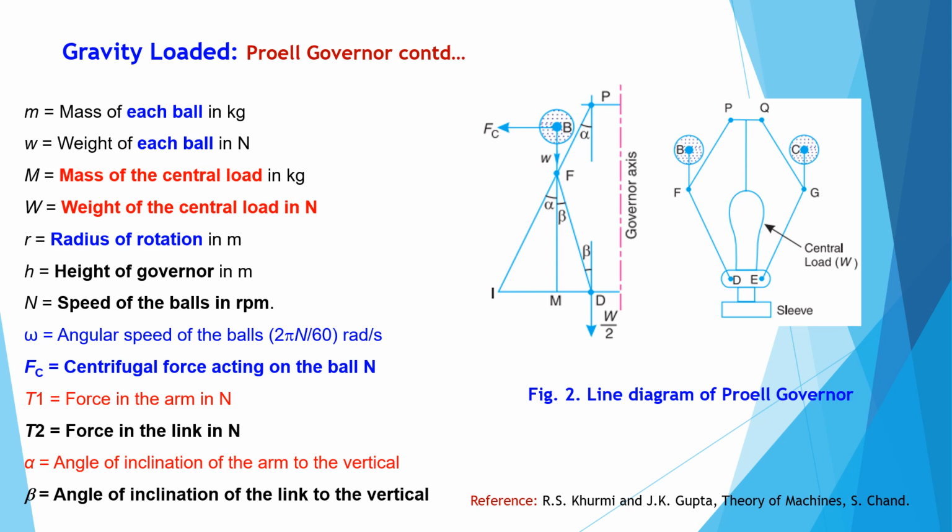The dead weight at the center of the spindle is capital W, R is the radius of rotation of the governor, H is the height of the governor, T1 is the tension in the arm, and T2 is the tension in the link. Alpha is the angle of inclination of the arm to the vertical, beta is the angle of inclination of the link to the vertical, and FC is the centrifugal force acting in the outward direction due to the rotation of the fly ball.